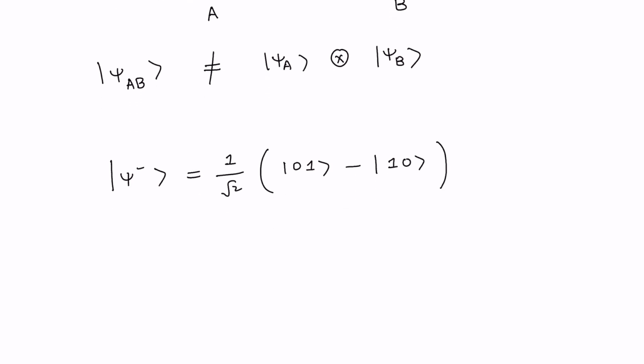In no way can you express it as a product state. In fact, this given state represents the so-called EPR state, EPR being the short form for Einstein, Podolsky, and Rosen.